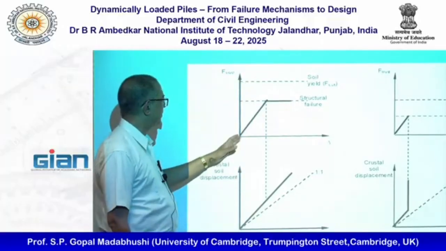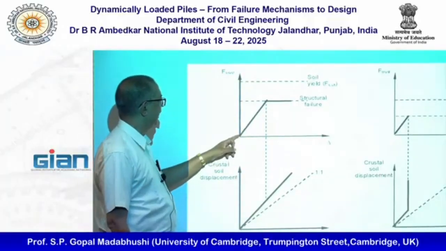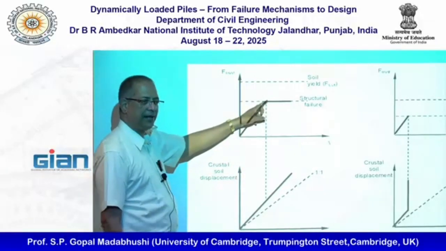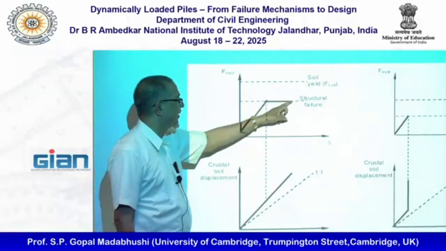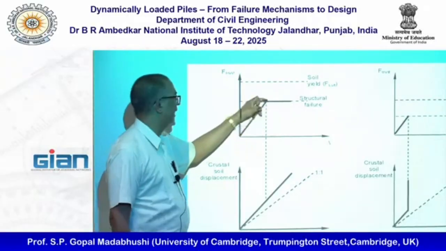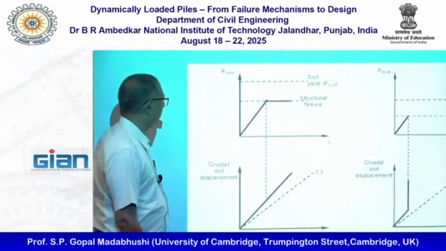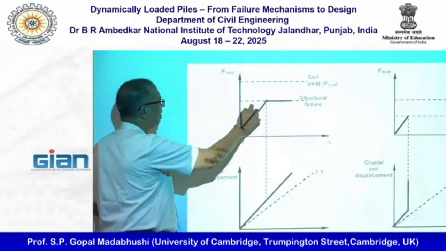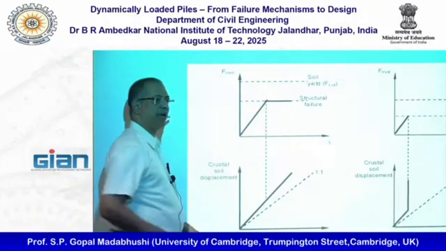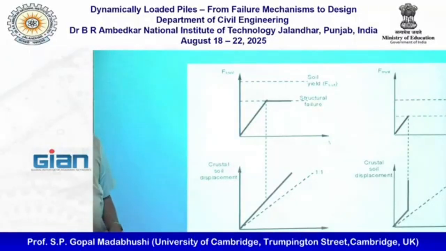So that is, the soil has to yield beyond that point. But many times the structural failure, so it will behave linearly up to there, and then it reaches some plastic MP value for the pile, and that is what causes structural failure. Now this point here is when the first yield occurs.